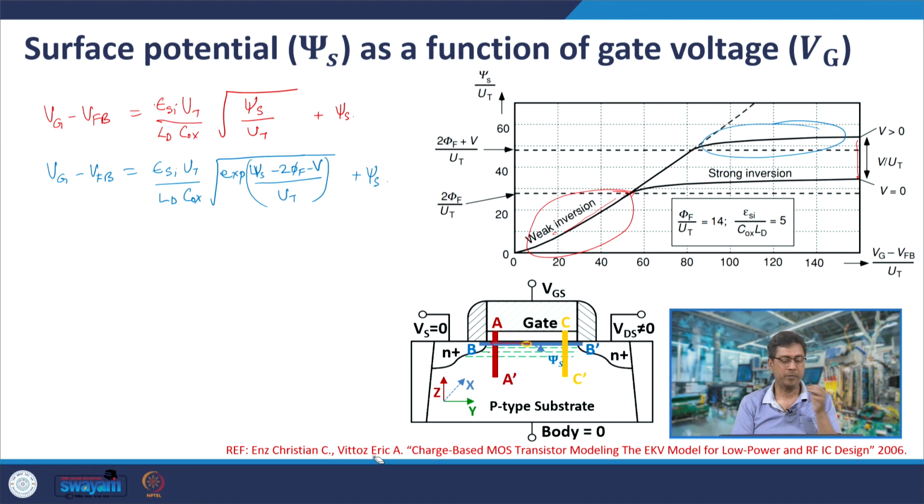dominates. In the function f, when the first term dominates, you find that the value of surface potential almost saturates.